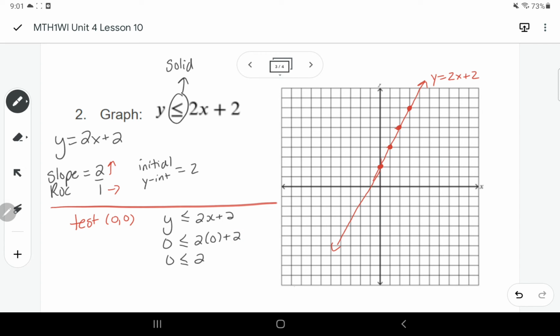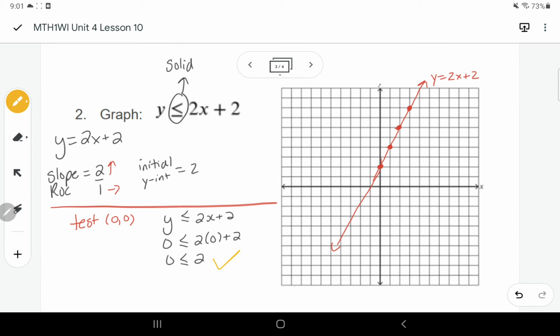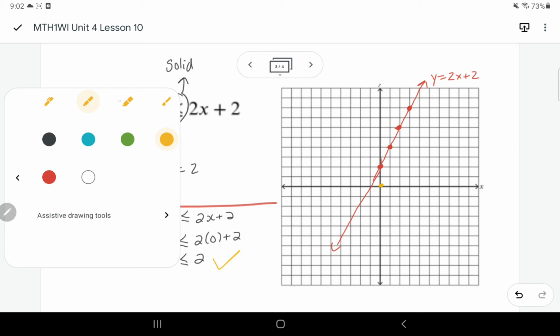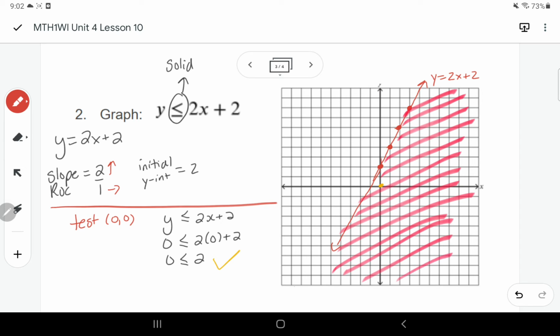Is 0 less than or equal to 2? Yes, it is. So that's true. So I'm going to shade in the area where that 0, 0 is. So I would just shade everything under here.